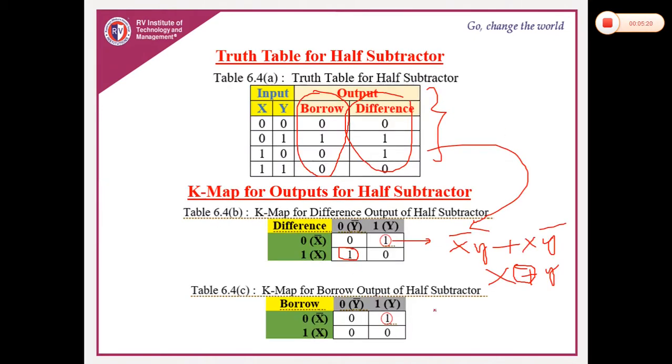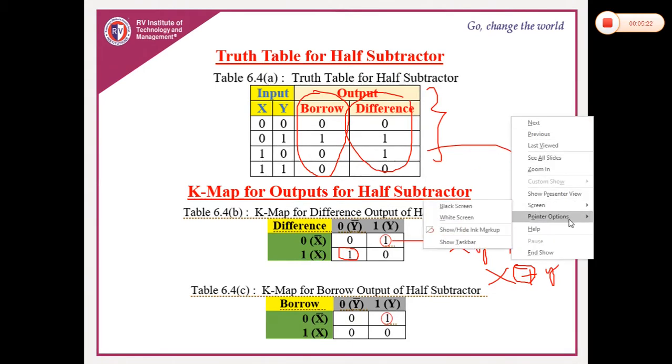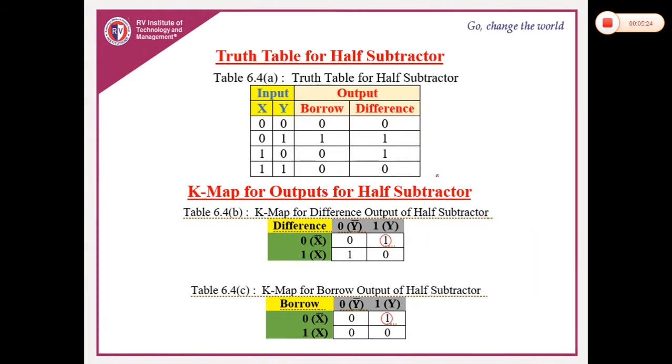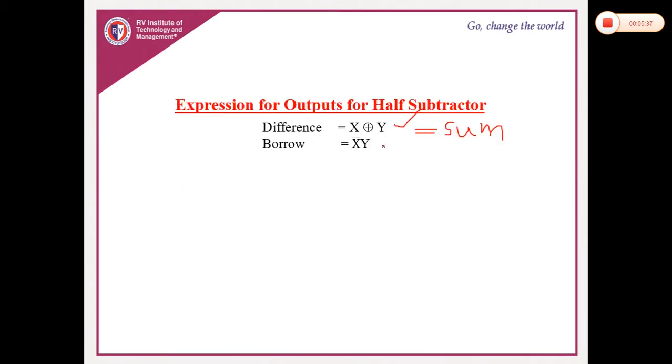Next, in order to get the borrow expression, what do we need to do? Again use the K-map. So it is 0 1 0 0. The expression for 0 1 0 0 is nothing but x bar y. So that is the borrow output.